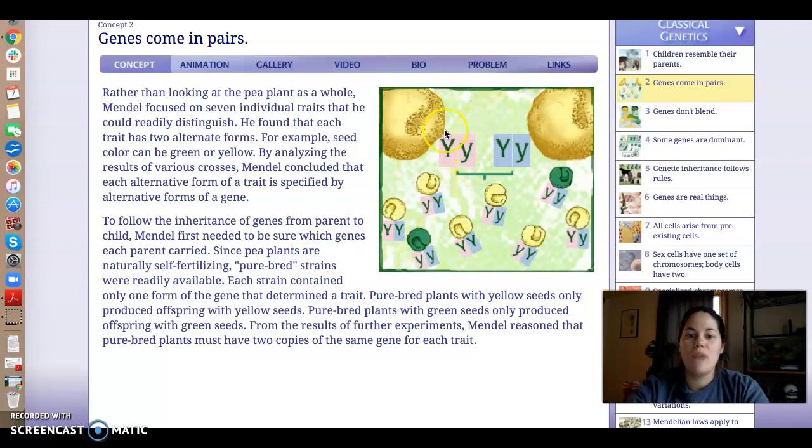here we have 2 copies. We represent them with the letter Y, so we have an uppercase Y and a lowercase y, and an uppercase Y and a lowercase y here. In the picture, they're showing pink as like the female and blue as the male, because for a genetic cross, we need both male and female in order to produce offspring.